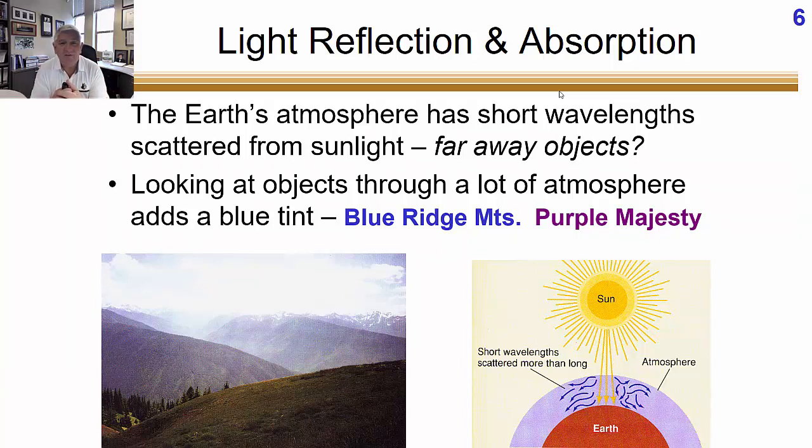And the mountains really aren't blue. Right? If you get up close to them, they're green, usually with the foliage. Or even sometimes, if it's fall, they're red and orange and all sorts of things. But from far away, they always have this bluish tint because there's so much atmosphere in between us and the faraway mountains that the light gets scattered, the short wavelengths of light are scattered, and we see that bluish tint come through.